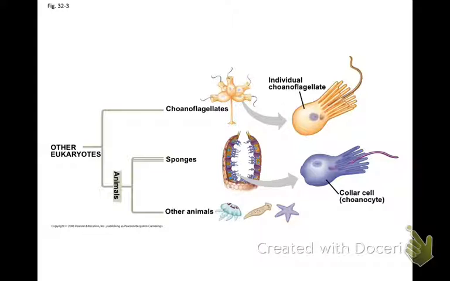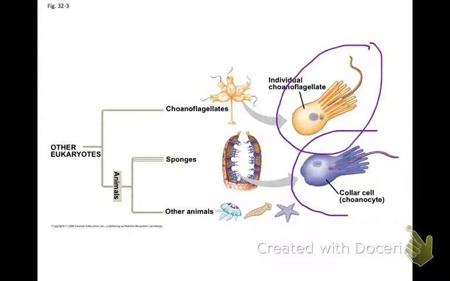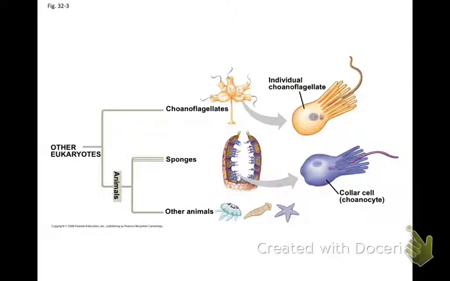So you can see on this figure the choanoflagellates have a cellular structure that looks very much like the cellular structure of a particular kind of cell that is found in sponges called the collar cell. So these are flagellated cells that line the interior of the sponge and beat their flagella to cause water to move through the sponge body so that they can filter food out of the water column.